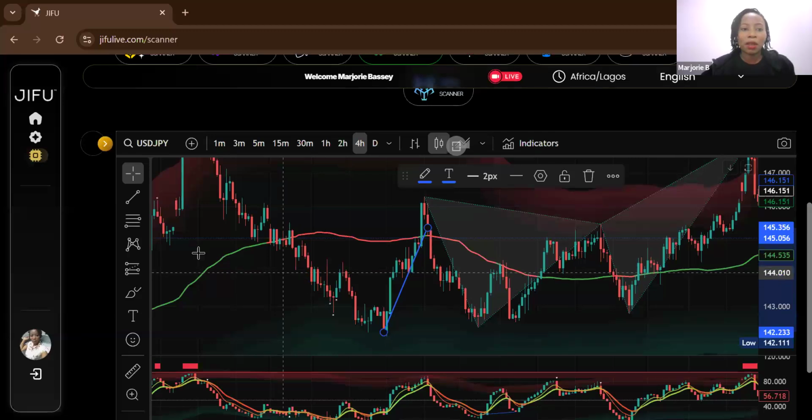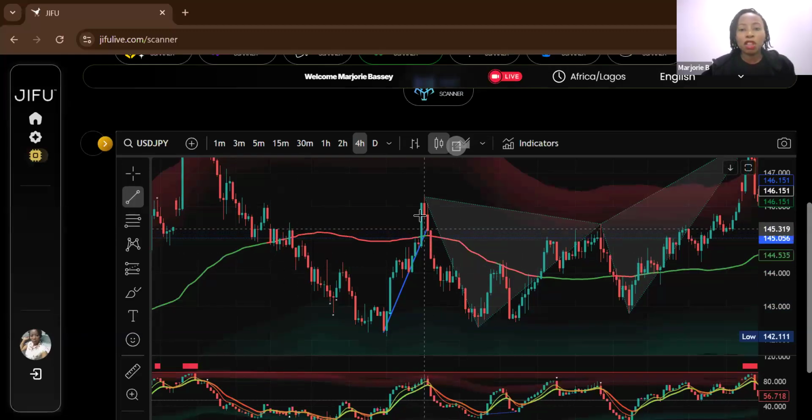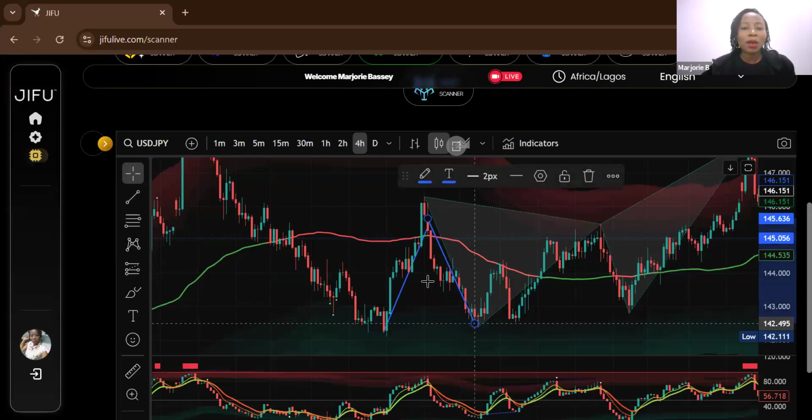So you can see bullish movements and then bearish movements. When the market goes up, we say that the market is buying or the market is going bullish, and when the market goes down, we say the market is selling or the market is going bearish.